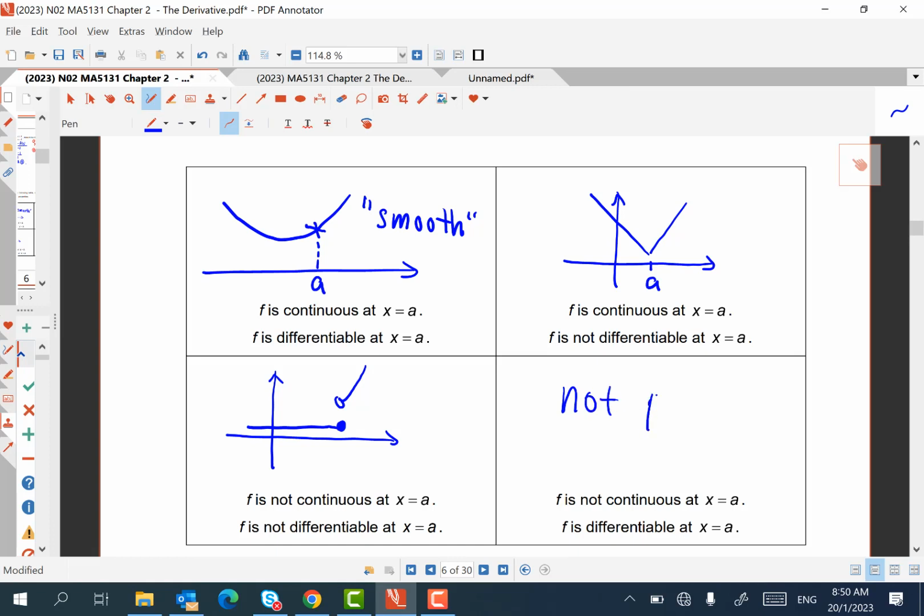This is actually not possible. My intuition was correct. In other words, continuity is a necessary condition for you to have first before you can even talk about differentiability.